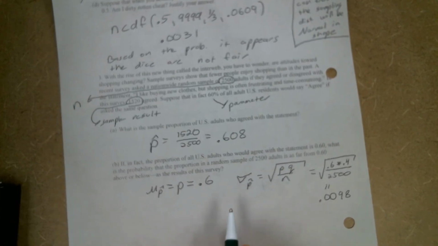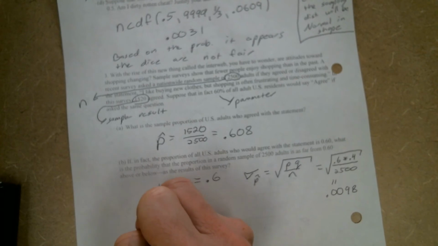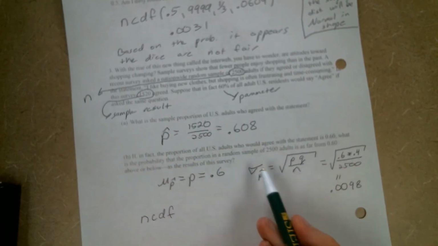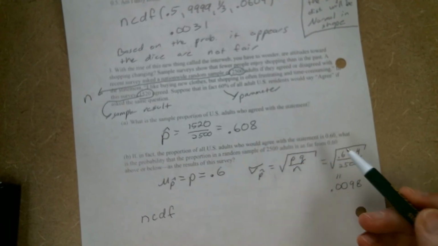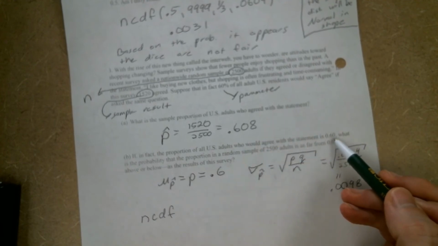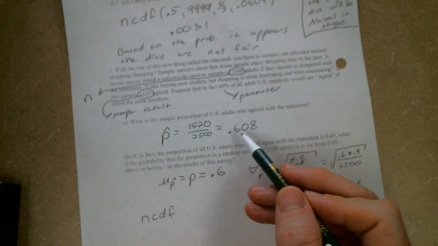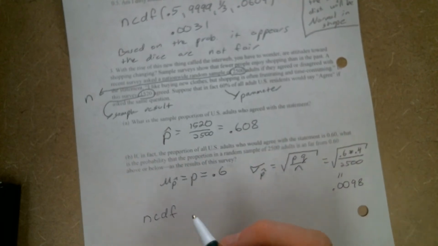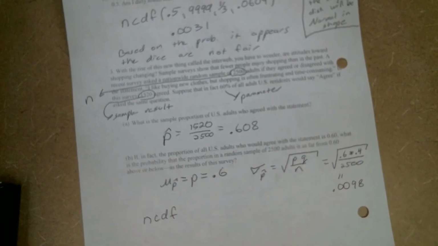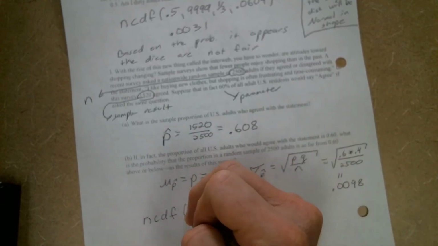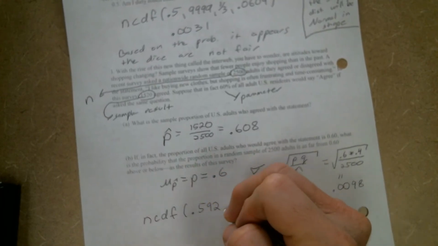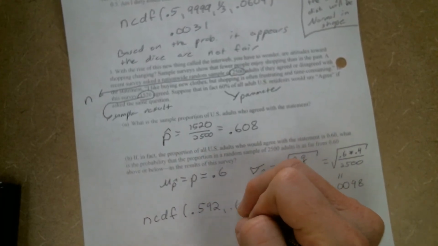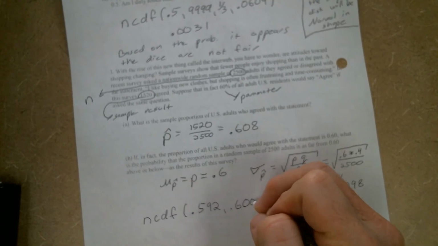All right, so there's our standard deviation. Now, to answer the question here, we're going to do an NCDF, and they said as far above or below. So we're going to go 0.008 above 0.6, and we're going to go 0.008 below 0.6. We're basically doing an NCDF from 0.592 to 0.608.